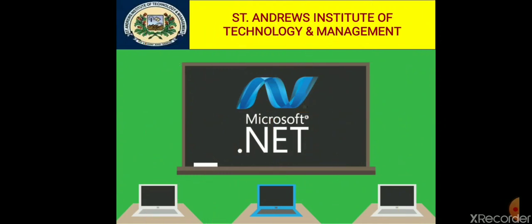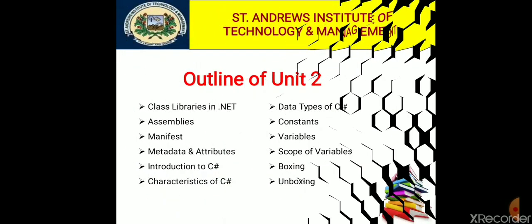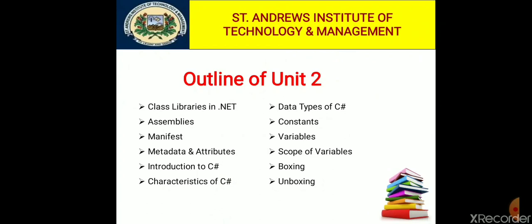Today we will start unit 2 of the .NET web series. Most welcome to the web series of .NET. Now these are the topics which we will cover in this unit.